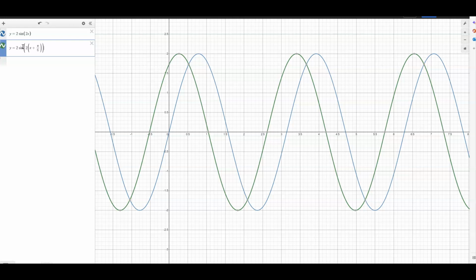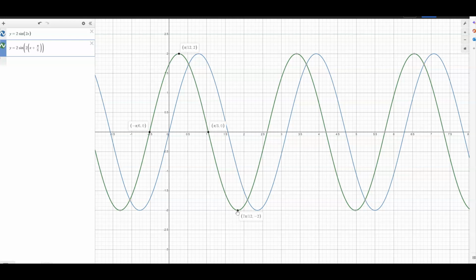Okay? And you can see, right, the green line has become, so now our first starting point is negative pi over 6, 0, right? Our highest point, our maximum, is pi over 12, 2. Our midline is pi over 3, 0.